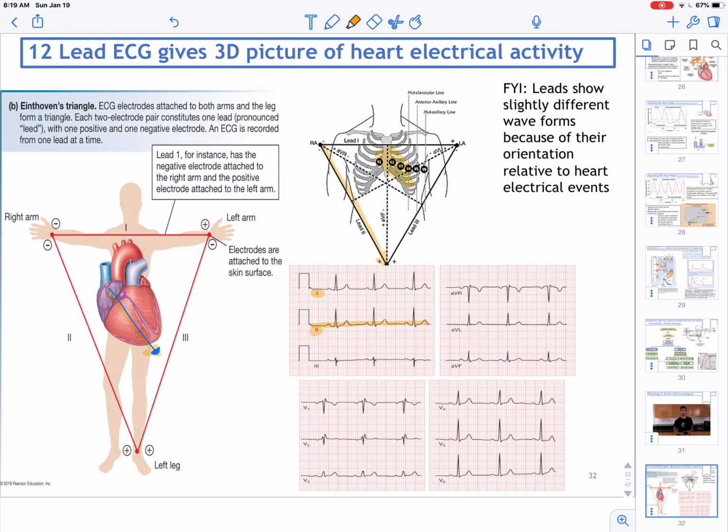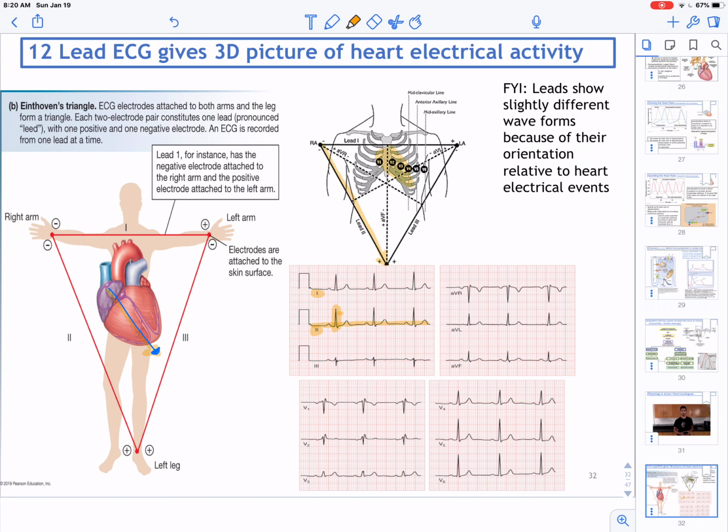And so that is catching, you might say, or seeing that big event of the R wave. All of this hopefully will become more understandable when we look at the next couple of slides.